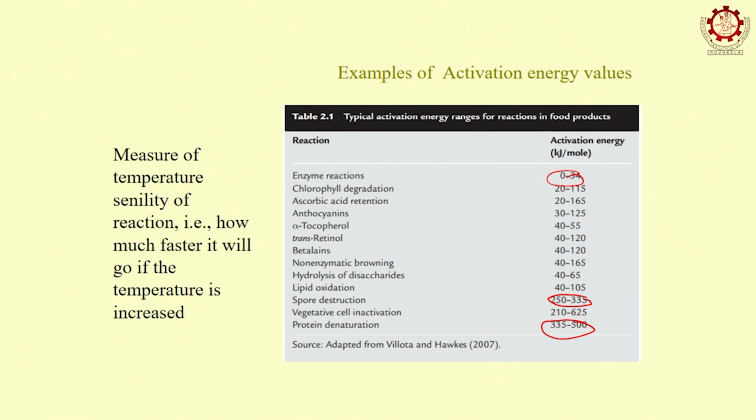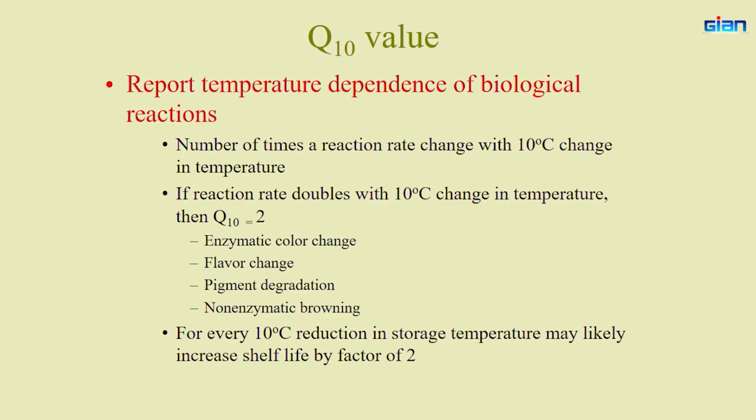In other words, some of these reactions are going to go much more quickly, whereas spore destruction is going to take much more energy, and protein denaturation requires an even larger amount of energy. The Q10 is basically an empirical relationship that relates what happens to a chemical reaction when I change from one temperature to a higher temperature.